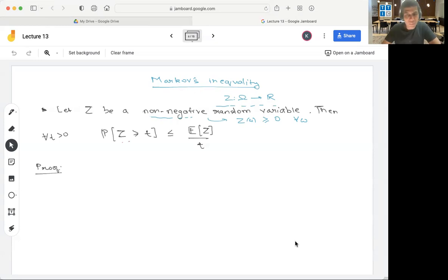The proof applies for random variables defined over infinite outcome spaces, etc. But since we've been dealing with finite or countable ones, let's stick with that, and let's give a proof for that. So let's calculate the expectation of Z.